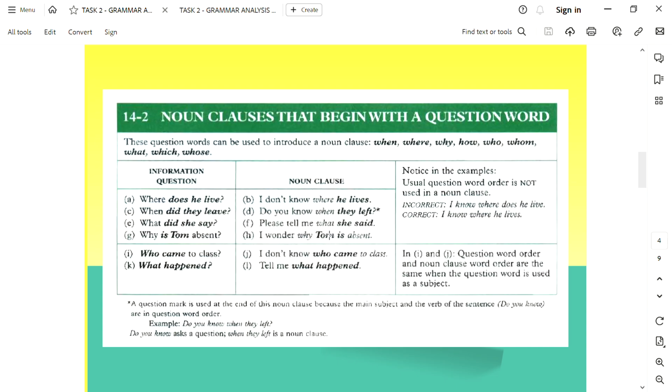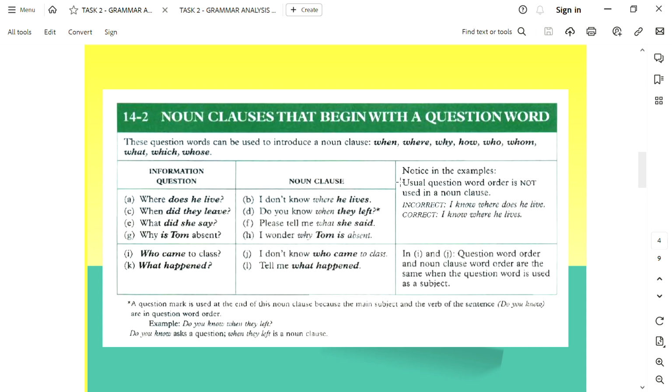What she said here is the noun clause, and so on for the question G, I, K. And here are the answers represented by the alphabet H, J, and L. So, noun clause can begin with a question word, and here the question words, they are again when, where, why, how, who, whom, what, which, and whose.